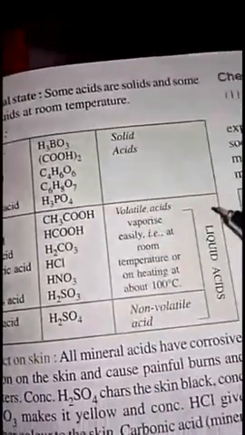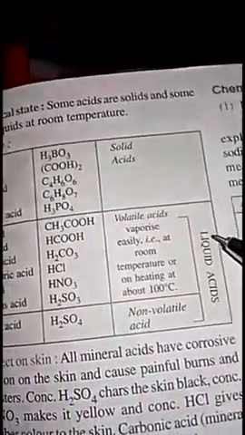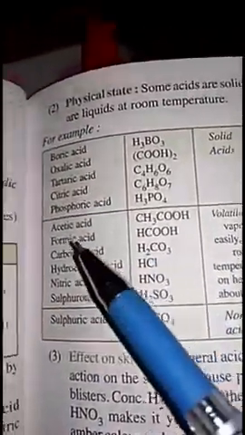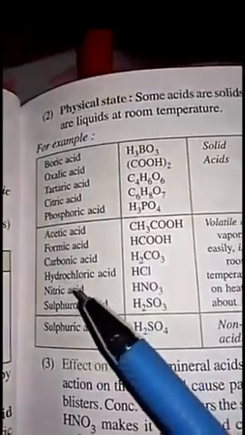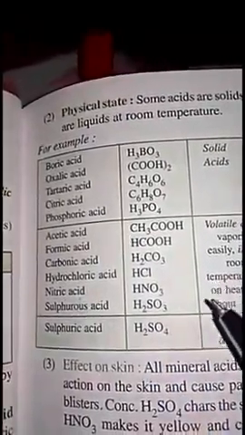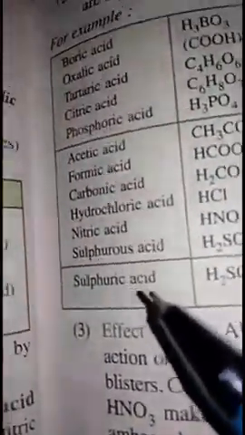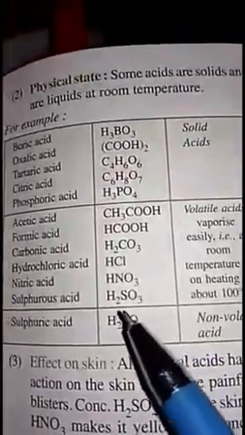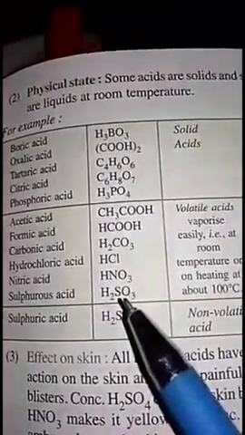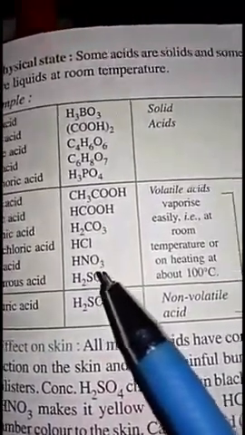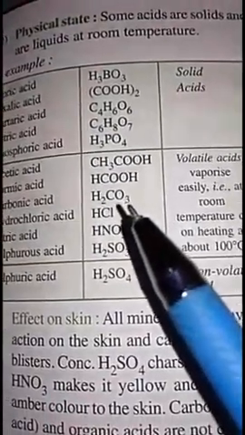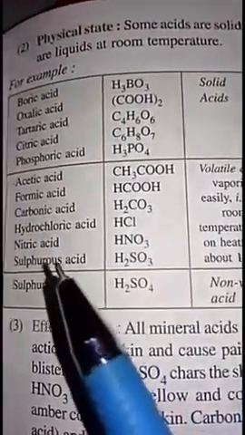So these acids, they are in liquid state. They are volatile, means acetic, formic, carbonic, hydrochloric, nitric, sulfurous. They can change into gaseous state even at room temperature, ordinary temperature.